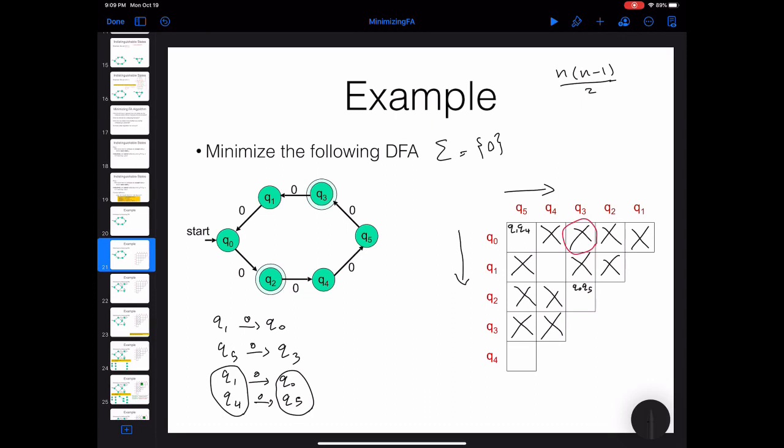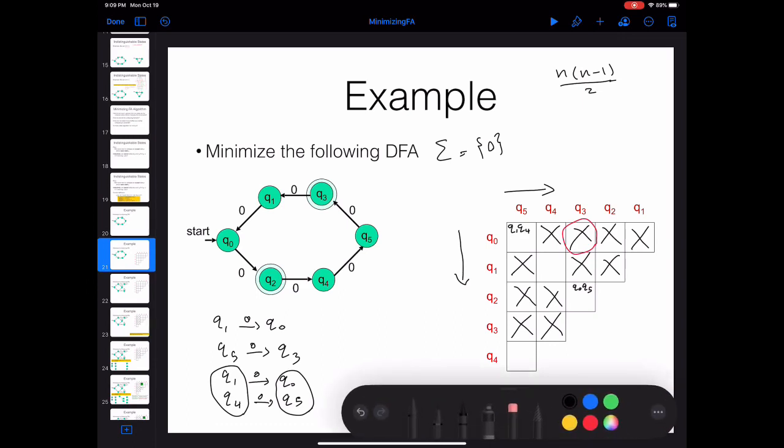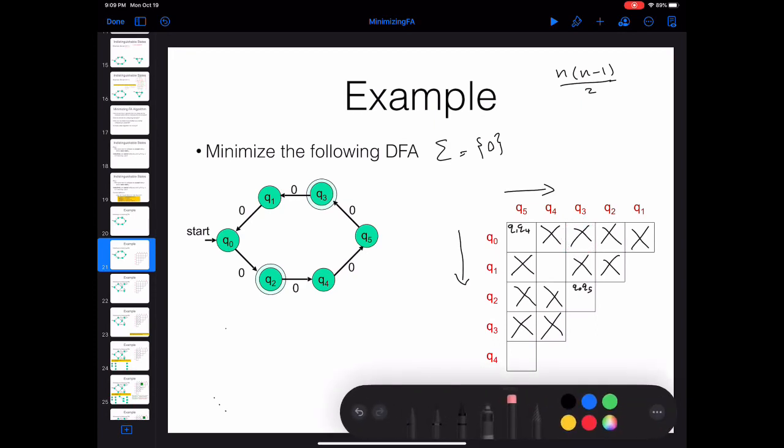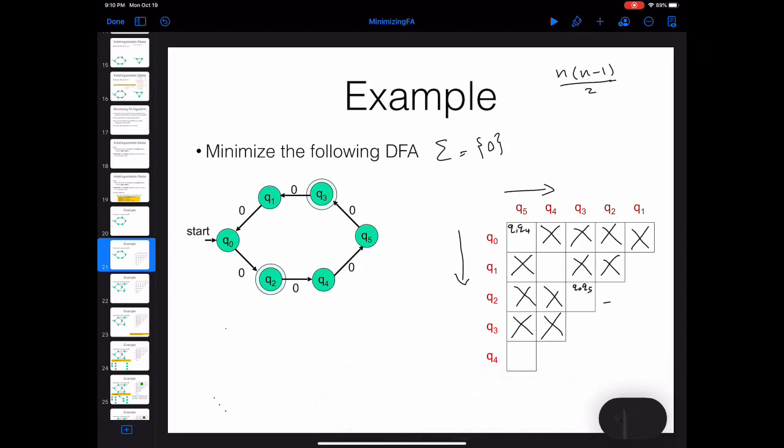So let's go to the next row. Let me just erase this here. The next cell is going to be Q2 and Q3. Okay, this cell here.